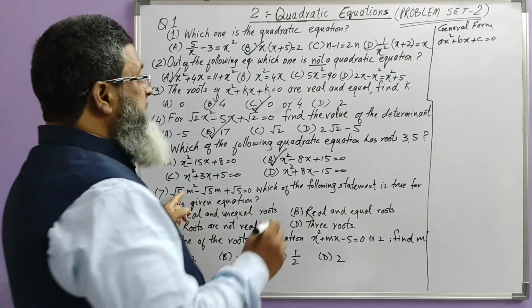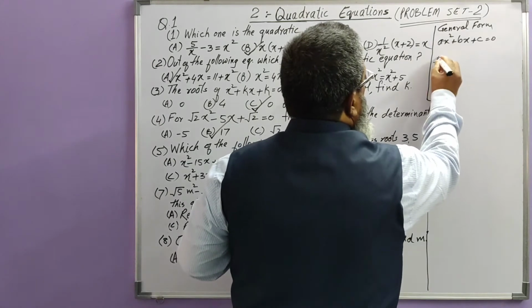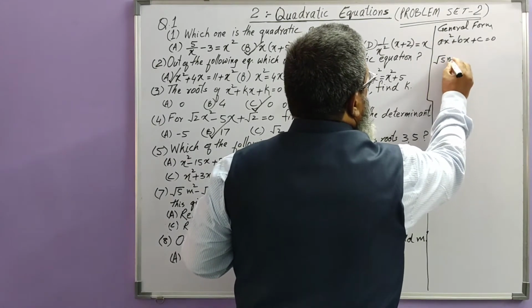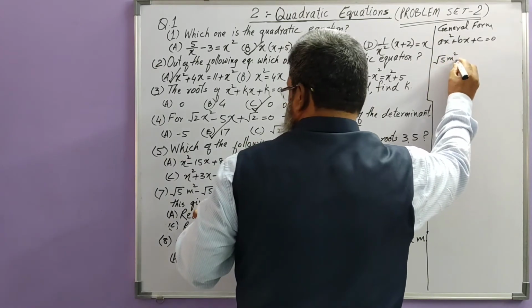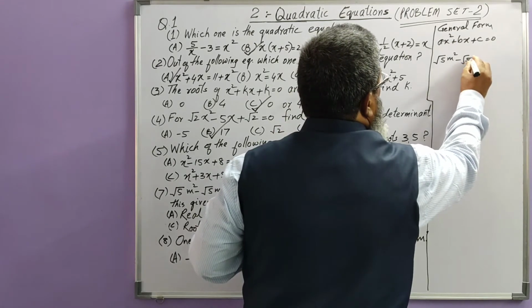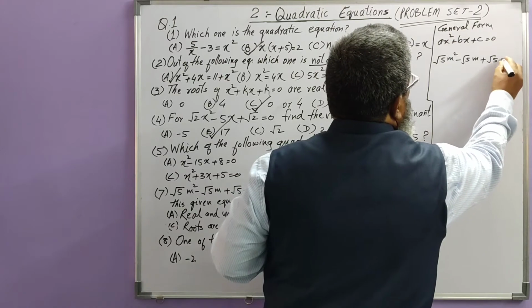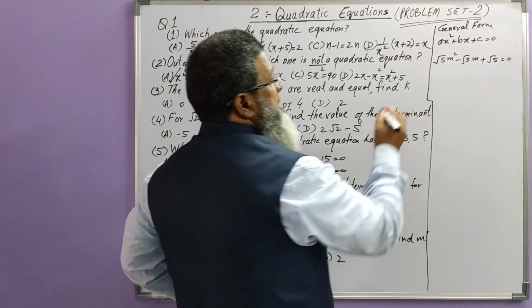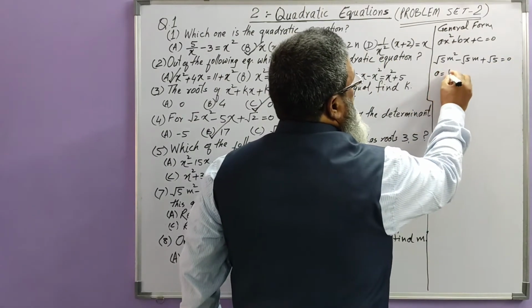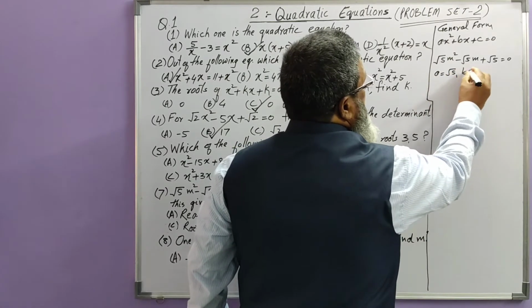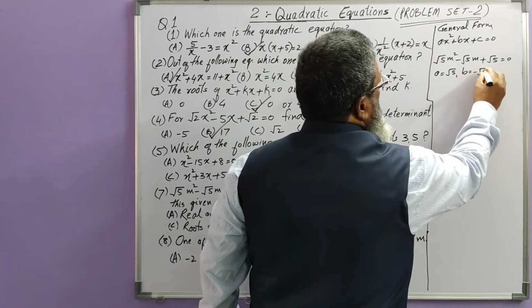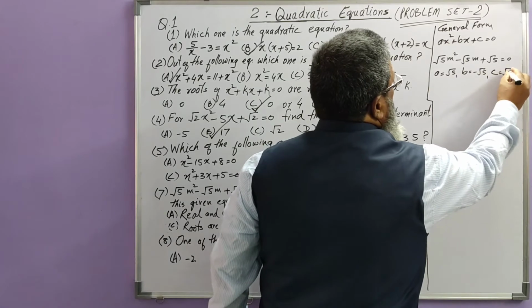Here the equation given: root 5 m square minus root 5 m plus root 5 is equal to 0. So a is equal to root 5, b is equal to minus root 5, and c is equal to root 5.